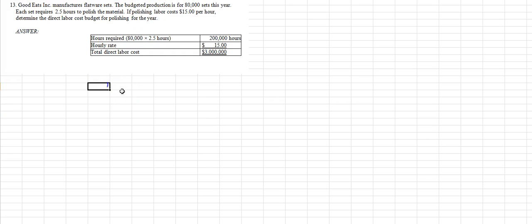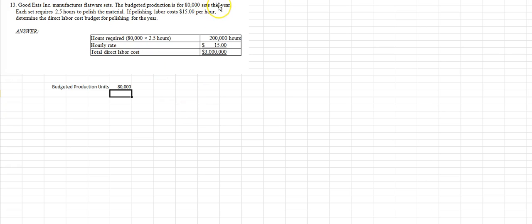So if I have 80,000, let's start here. The budgeted production is, okay, so this is units. So I have 80,000 units that I want to produce, right?